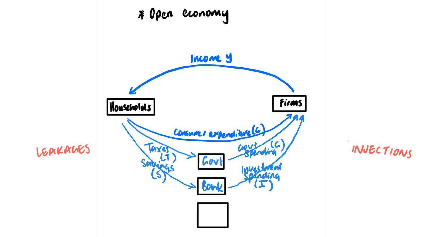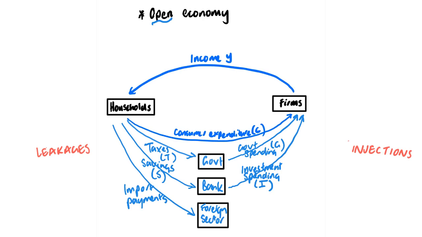And lastly, remember I said before that we're considering an open economy. Some of that consumer expenditure will not be on goods which have been produced by domestic firms. Okay, so some of it will be on imported goods. So import payments is another leakage from the flow, and that goes to the foreign sector.